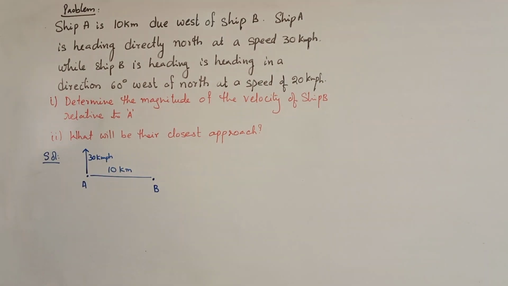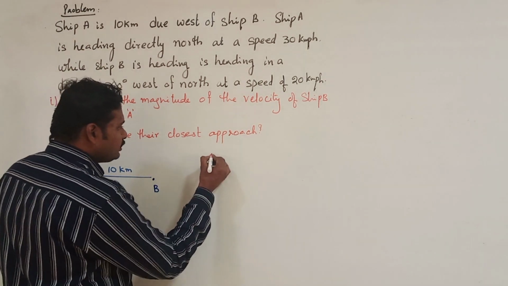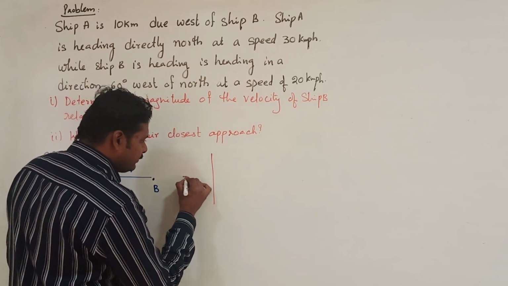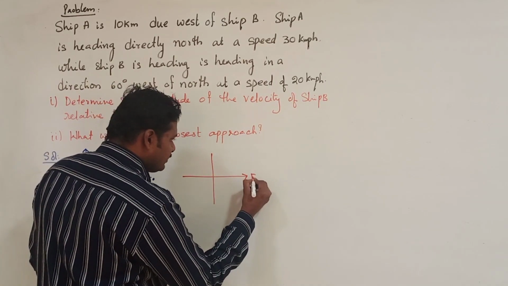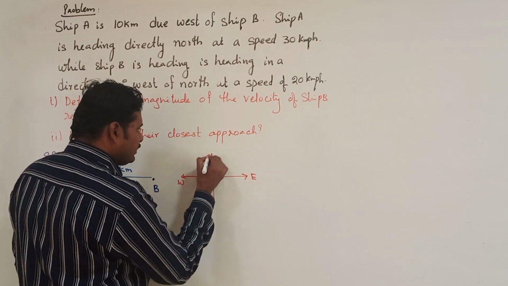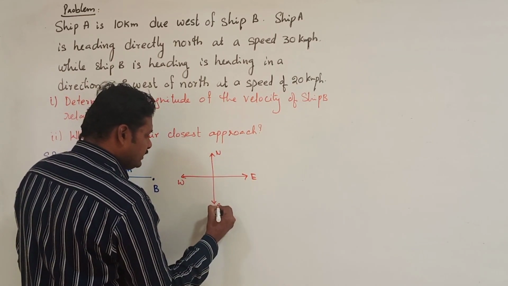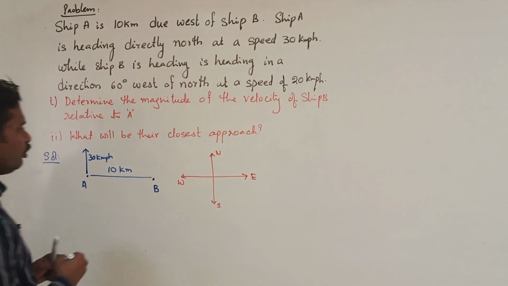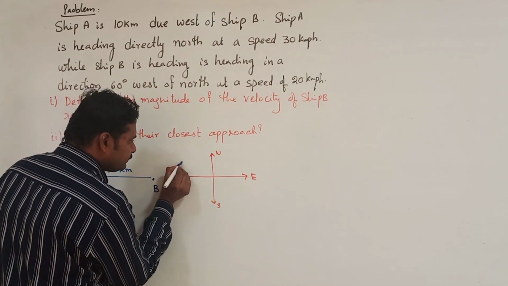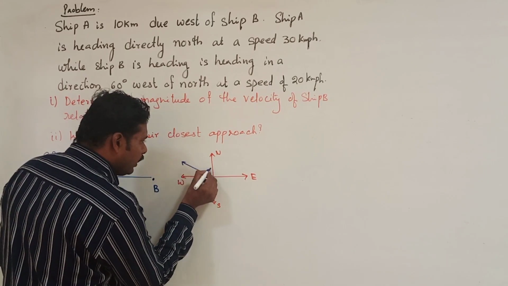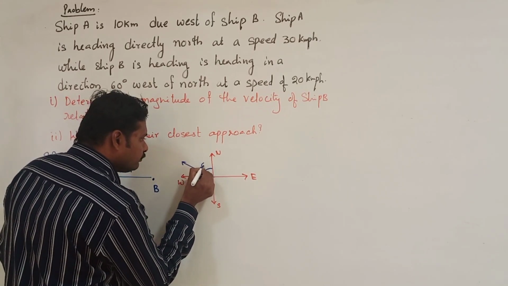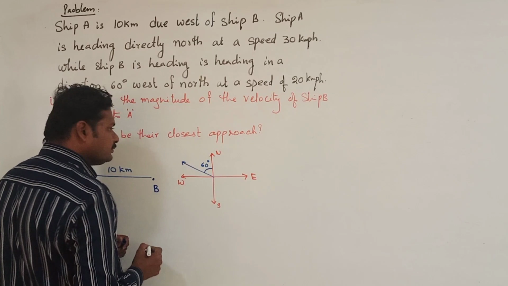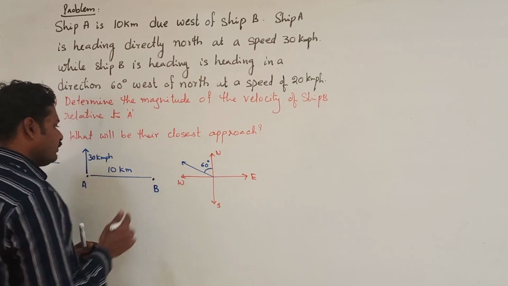And ship B is heading in a direction 60 degrees west of north at a speed of 20 kmph. So we need to understand east, west, north and south again. West of north means from north, 60 degrees towards west.